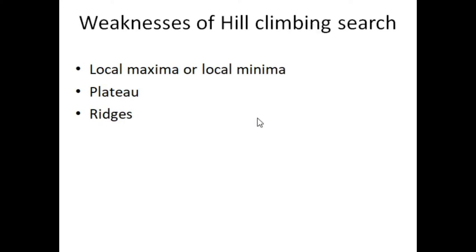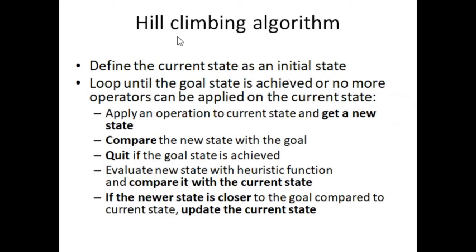So before going into the detail of these weaknesses, I would like to discuss the hill climbing algorithm again. Define the current state as the initial state. Second, loop until the goal state is achieved or no more operators can be applied on the current state.